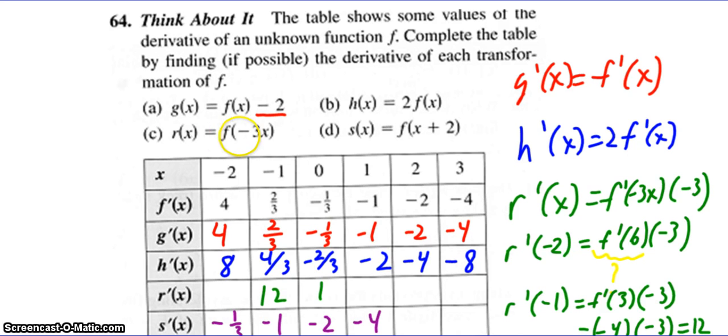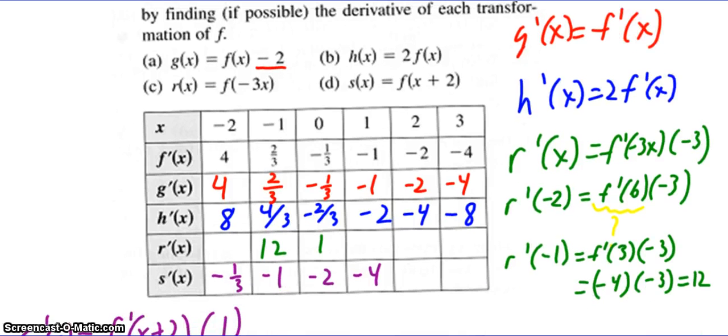Well, if r of x is f of negative 3x, then r prime of x is f prime of negative 3x times negative 3. That was the chain rule. Now, you'll notice that we can't get most of the r prime of x values then. That's because most of the f prime values will be outside of the information that we're given.